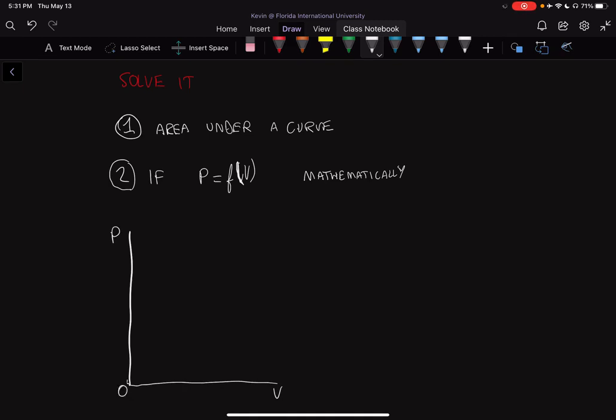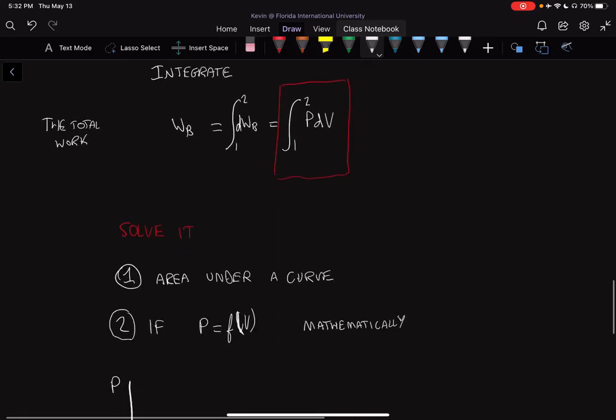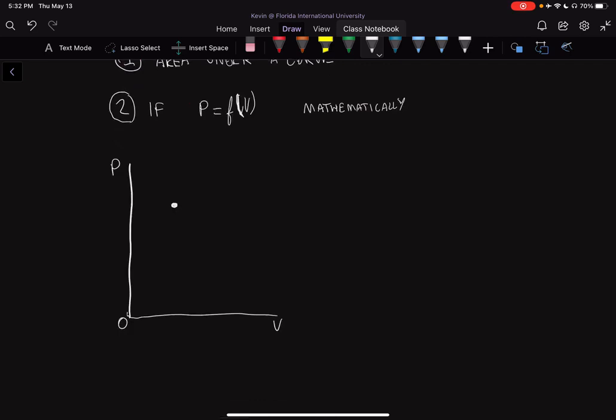In our system with the gas, we're going from a low volume to a high volume, and from a high pressure, because we have a high pressure due to the weights, to a lower pressure because the weights are taken off. So we have some sort of curve that looks like this. We go from 1 to 2, and from 1 to 2, this is our process.